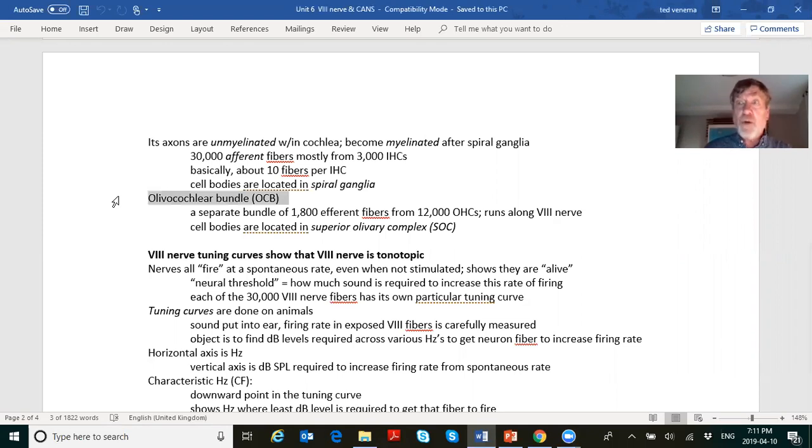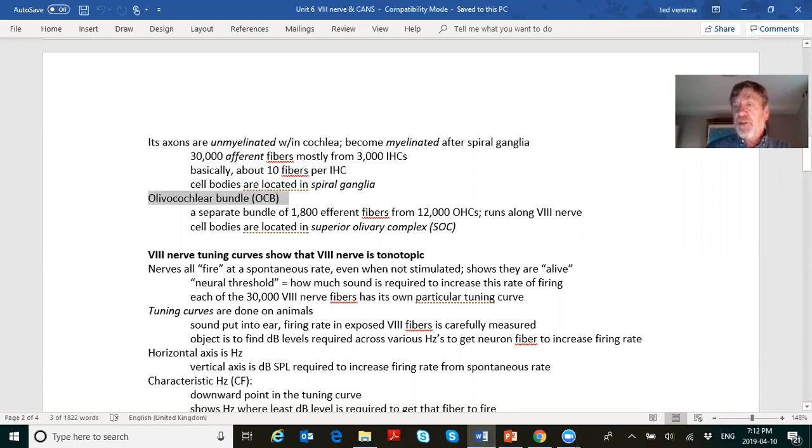And how many outer hair cells do you have? 12,000. But how many olivocochlear fibers do you have? Only 1,800. So 1,800 fibers have to share 12,000 outer hair cells, whereas 30,000 eighth nerve fibers talk to 3,000 inner hair cells. So you can see that the innervation patterns are way different.